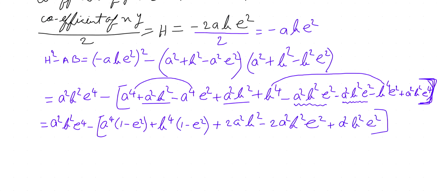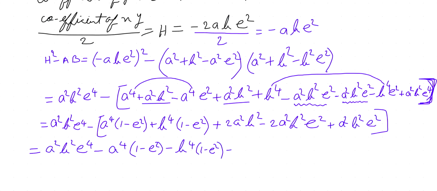Next time open the bracket, so A square B square e to the power 4 minus A to the power 4 times 1 minus A square minus B to the power 4 times 1 minus A square minus 2A square B square plus 2A square B square E square, and minus A square B square E square.